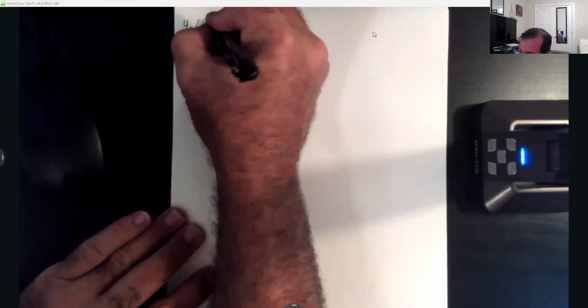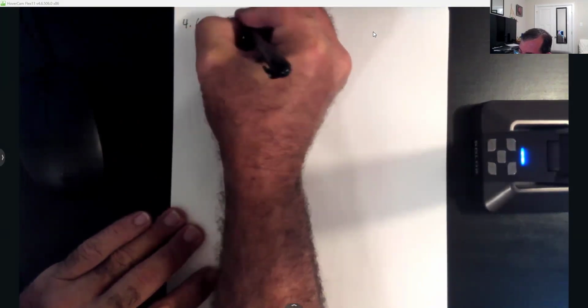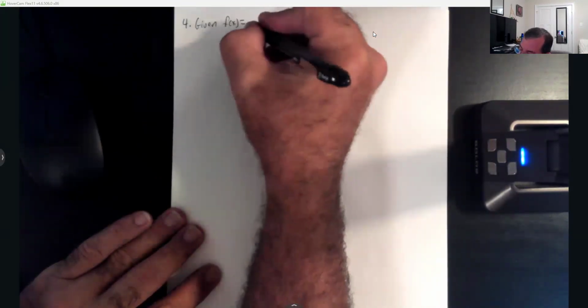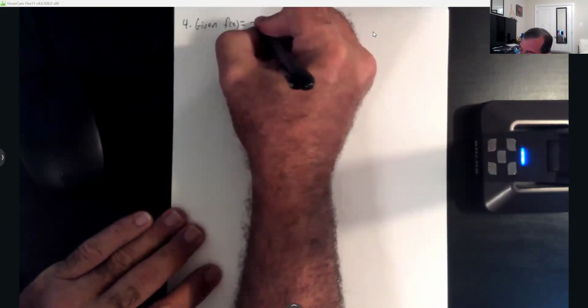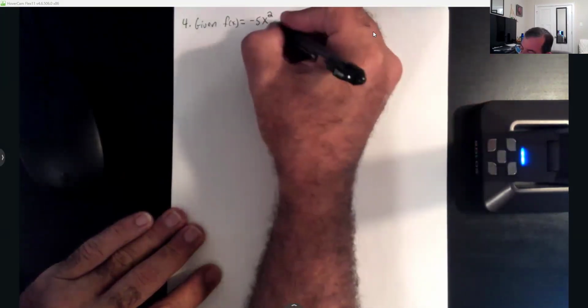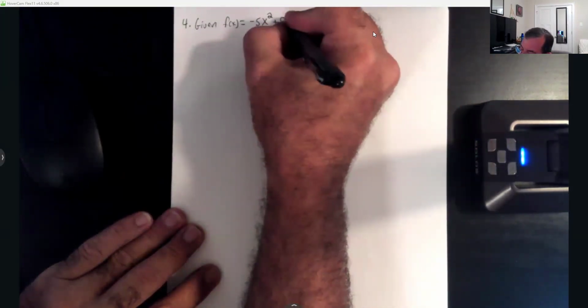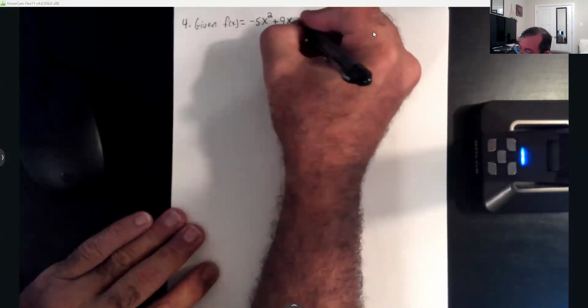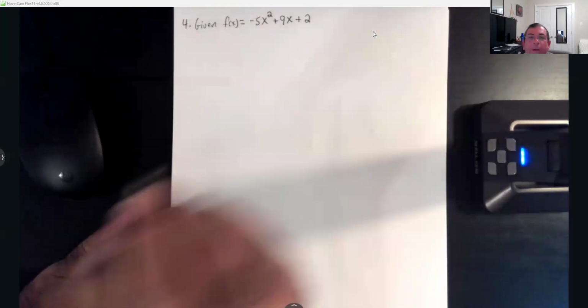All right, so they're giving us on this one, given f of x equals, whoo, this is going to be a little trickier, negative 5x squared plus 9x plus 2.